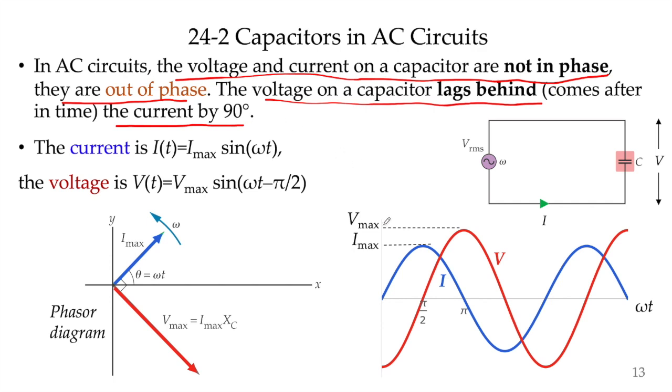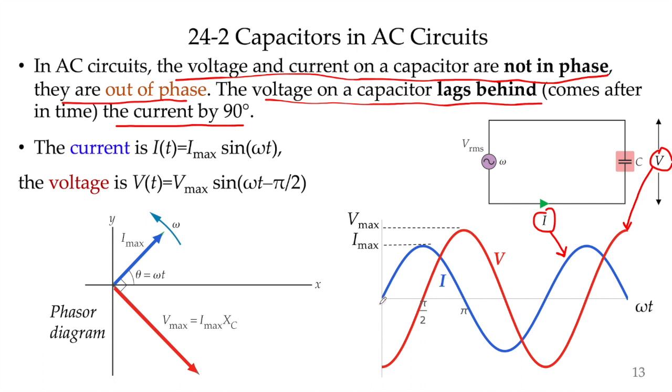Now look at this plot. There's current and there's voltage. This curve shows the current passing through the circuit, and the red curve is the voltage across the capacitor. Now look at who's coming behind.